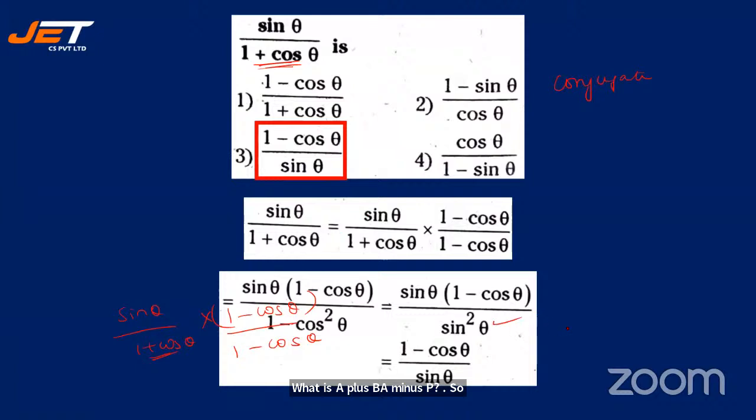It is nothing but sin square theta. So sin theta into 1 minus cos theta by sin square theta. You're just cancelling 1 sin theta here and 1 sin theta here. So you have 1 minus cos theta by sin theta. That is how you are arriving at option 3.